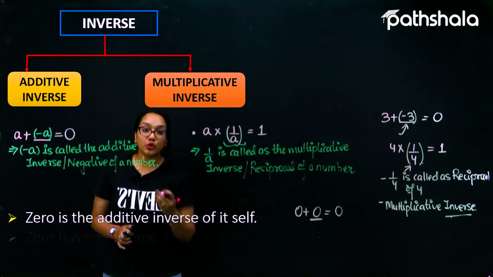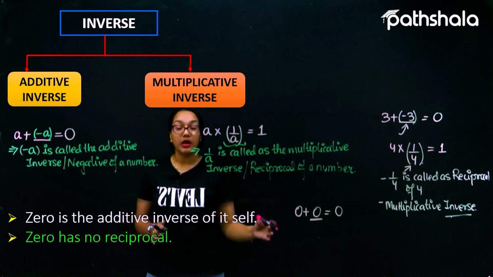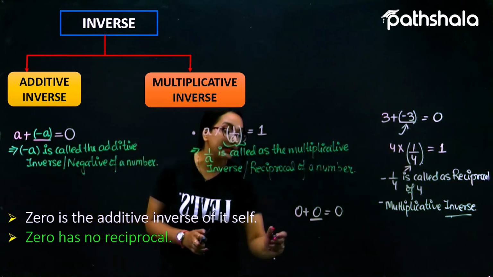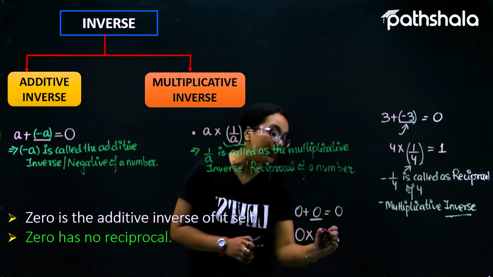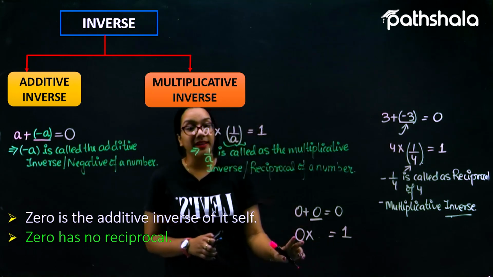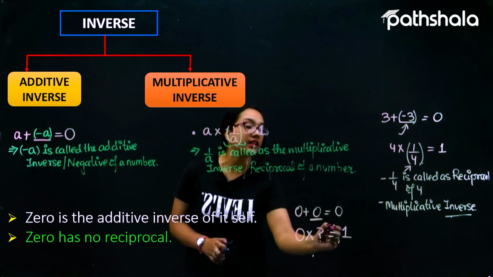The second important point is that 0 has no reciprocal. When you multiply 0 with any number, you won't get the answer 1.